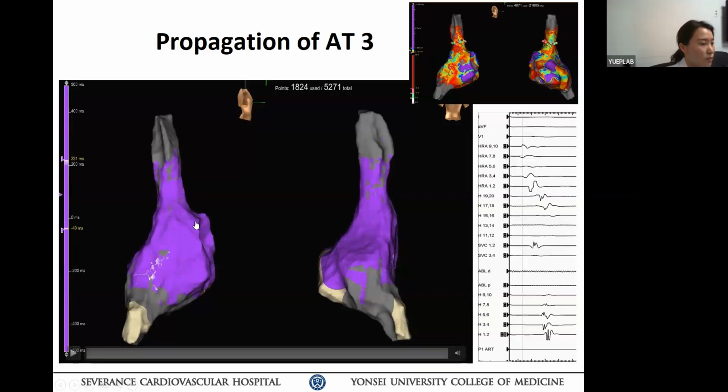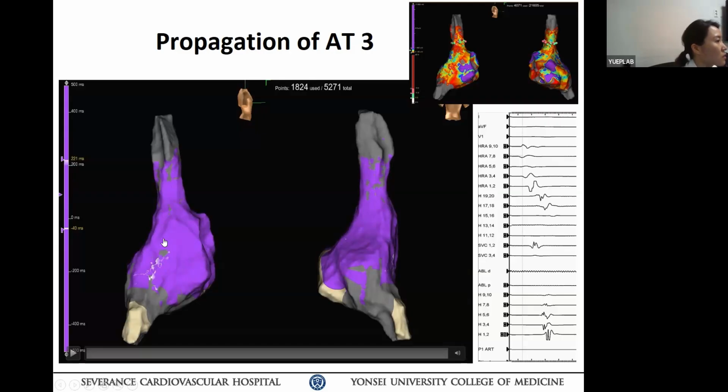In this case, I thought it is counterclockwise, starting from the posterolateral, going up and then down back to the anterior to the crista terminalis. I thought the lower RA around the crista terminalis is the main obstacle for this case.